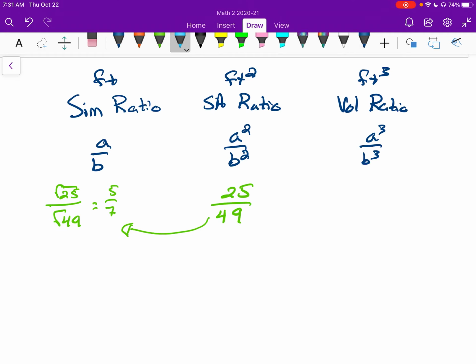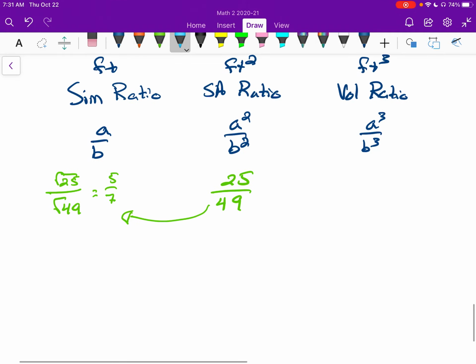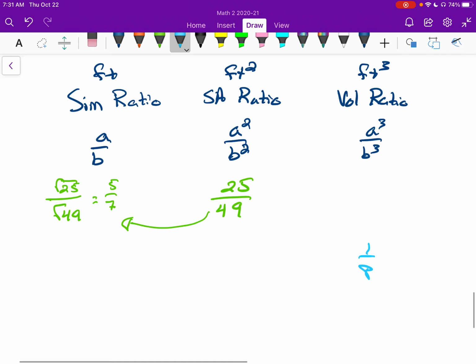And as another example, what's a perfect cube? 64? Ooh, that's not a good one. We'll just do 1/8. That's an easy one. We'll say 1 over 8 is the volume ratio.